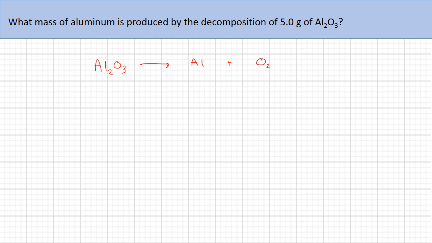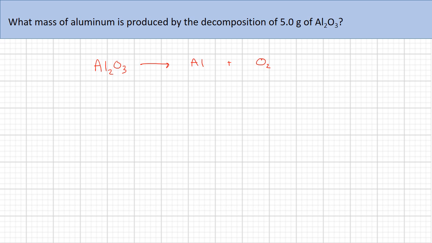So if we look at our equation, no, it's not quite balanced. That's okay. The first thing I do is I look on the left side. I see I have 2 aluminum, and I've got only 1 aluminum on the right side. I've got 3 oxygens on the left side, 2 oxygens on the right side. I love to tackle my odd numbers first.